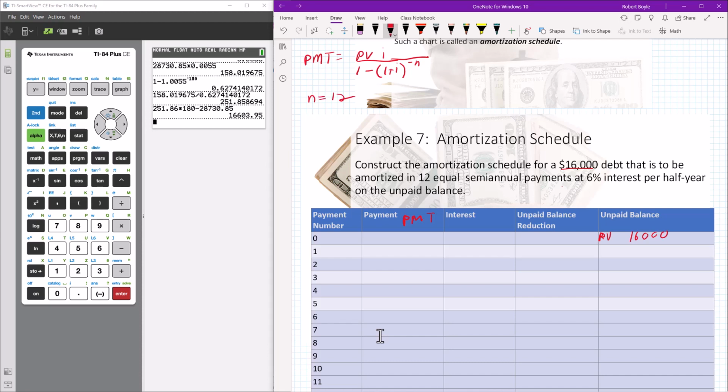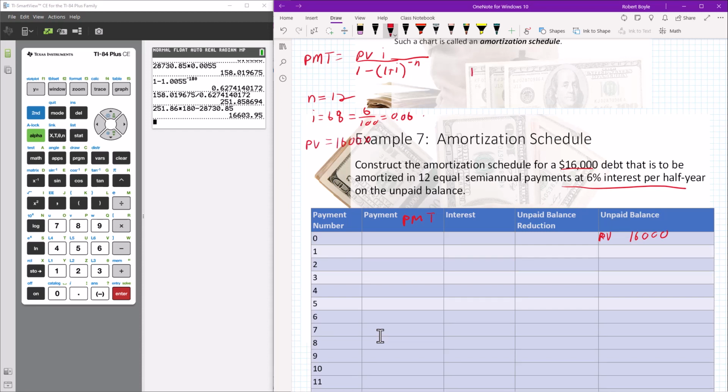And they have given us I. That's because that's interest per half year. We're making payments every half of a year. So I is 6%, but we cannot use percentage. We have to write that as a decimal. So that would be 6 divided by 100, or 0.06. So now we have I. We have n. We know what the present value is. That is $16,000. We can figure out what our payment is going to be.